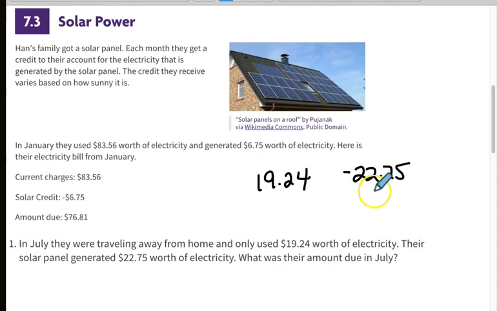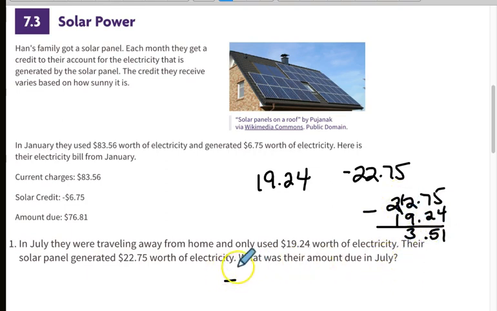Well, right now we have a positive and a negative. Notice the negative's bigger, so they're actually going to not owe any money. They're going to have a credit of something. What is their credit? So we'll take $22.75, and we're going to take away $19.24 from it. 5 minus 4 is 1, 12 minus 9 is 3.